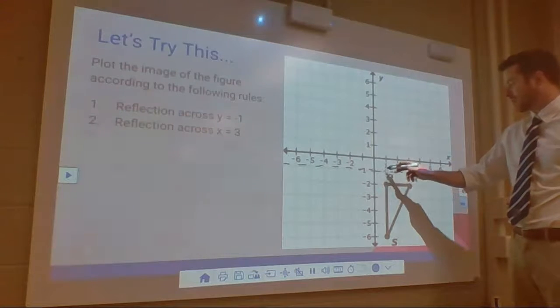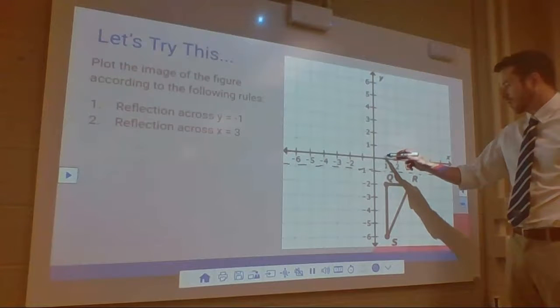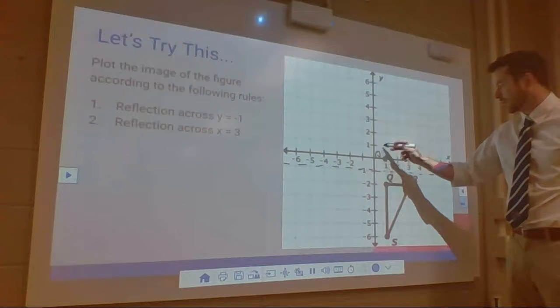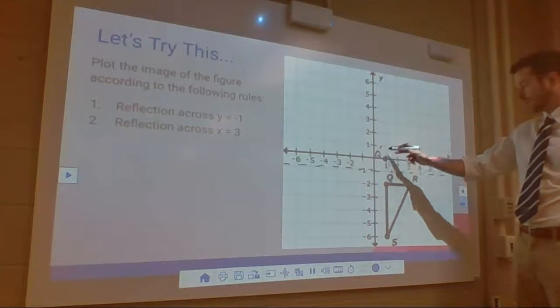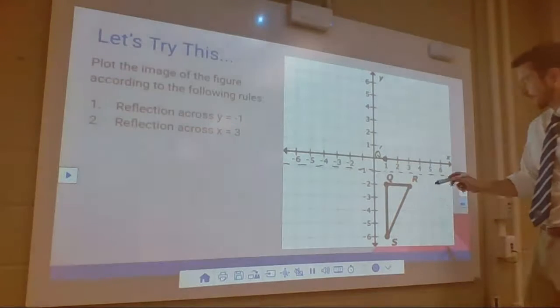So then I'm going to go on the other side of the line of reflection, and I'm going to go 1 unit away, and I'm going to plot this point, and it's going to be Q prime. So you see Q and Q prime are the same distance from the line of reflection, 1 unit.